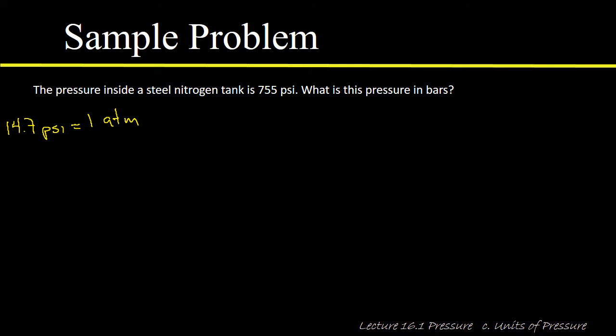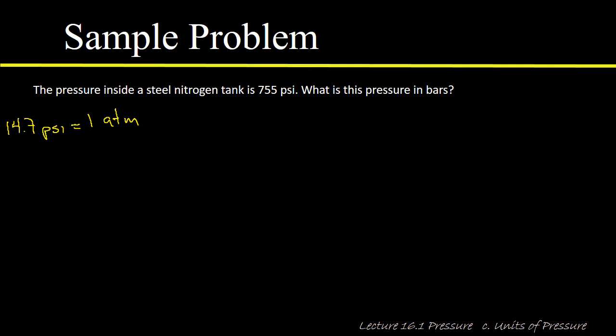So that'll allow us to convert between psi and atmospheres. That won't quite get us to bars, although if you remember, a bar is approximately the same thing as 1 atmosphere. So if we just use this conversion to calculate the answer in atmospheres, we'd have a very good estimate for the pressure in bars.